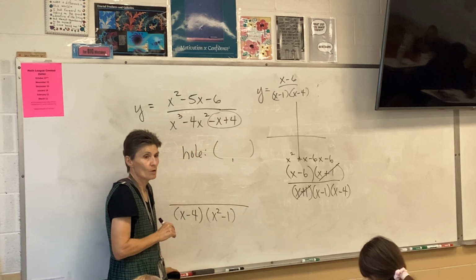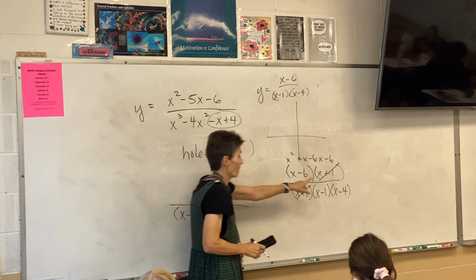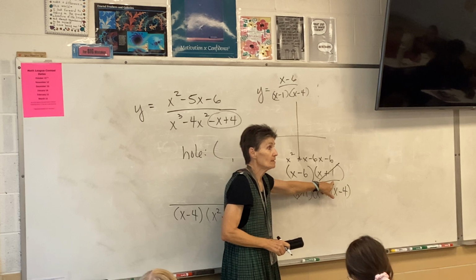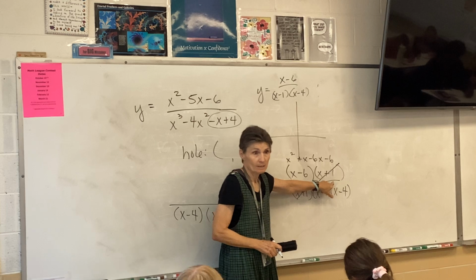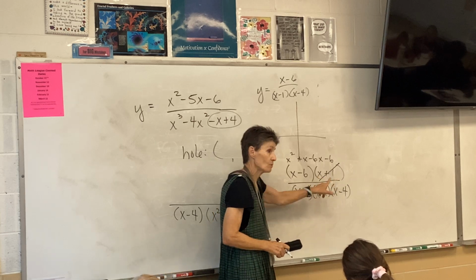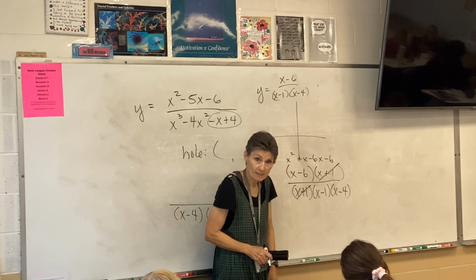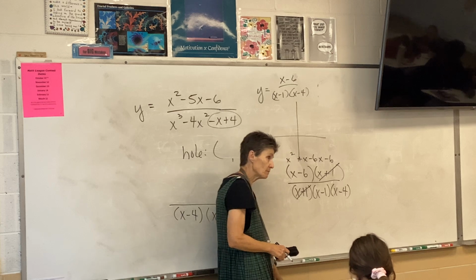You automatically know the x. What's the x part of the point? Negative 1. Why is it negative 1? Well, isn't this the factor that canceled out? And we always use the opposite, always in parentheses.